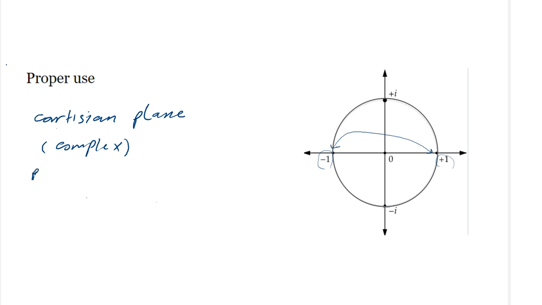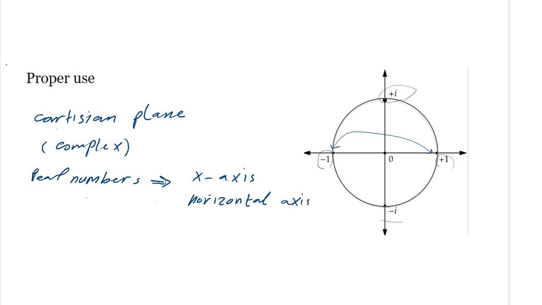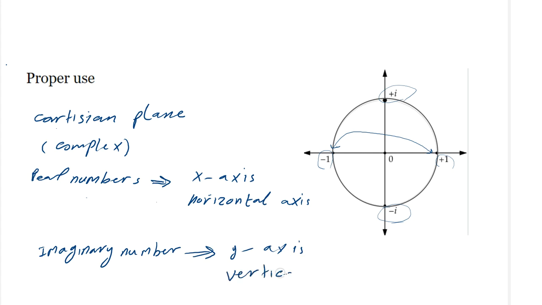So the real numbers lie on the x-axis, or the horizontal axis, whereas the imaginary numbers plus i and minus i lie on the y-axis, which is the vertical axis.